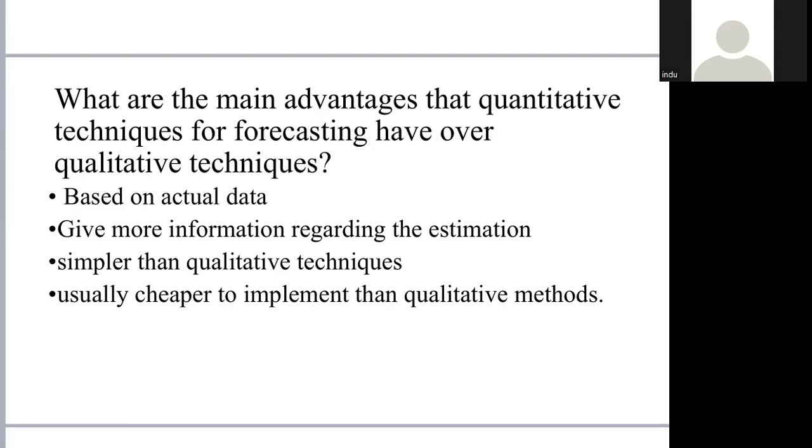That is more important because when we forecast future things, if our forecast is based on the actual, previous data, most probably it can be correct. The future situation we can correctly estimate, right?